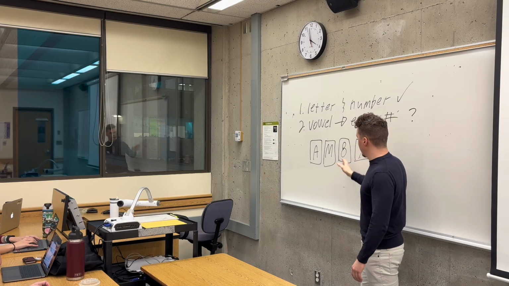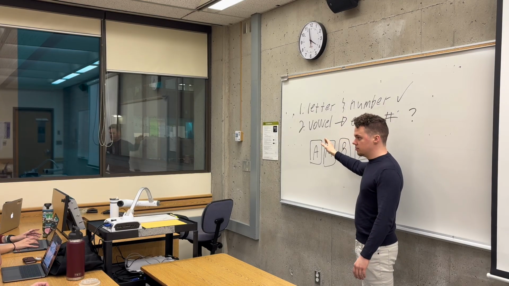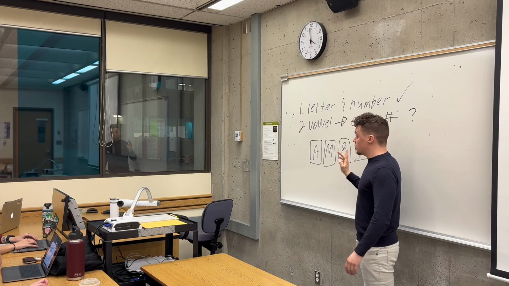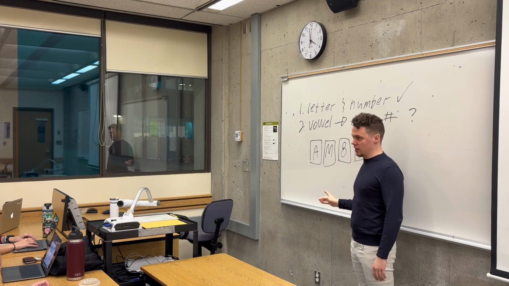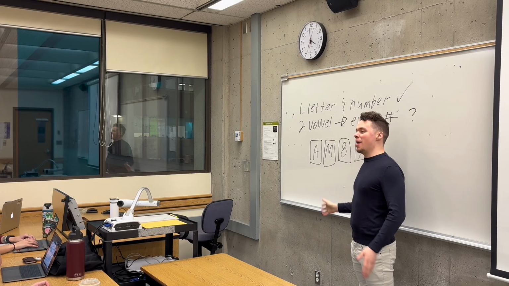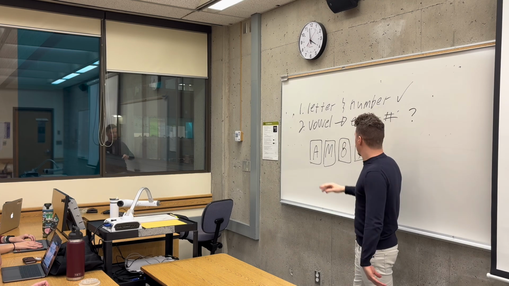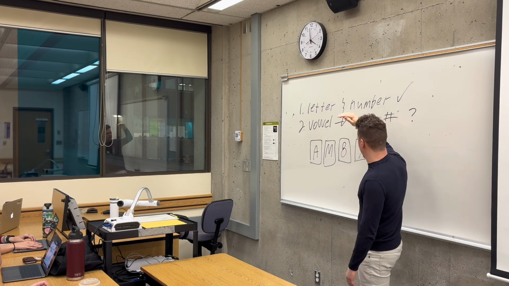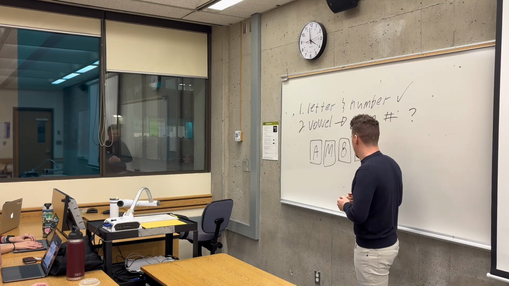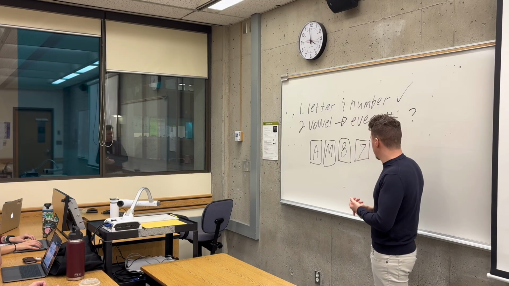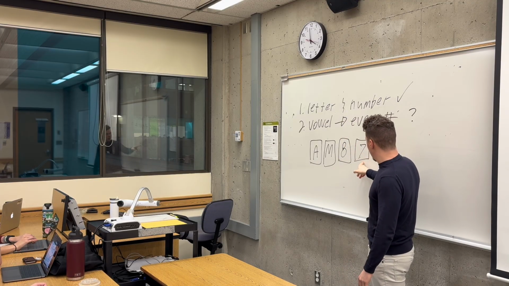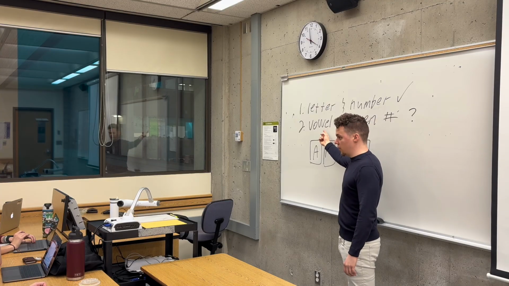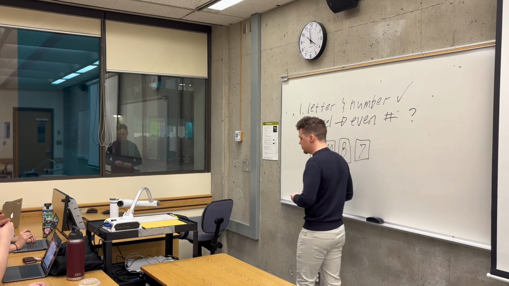Suppose we flip it over and it's a vowel. That's fine, no problem. Suppose we flip it over and it's a consonant. Does that matter? No, right? Because it says if there's a vowel, then there's an even number. It doesn't say if there's an even number, then there's a vowel. So 8 is actually irrelevant too. But 7 is relevant because if we flip it over and there's a vowel, the rule is wrong.